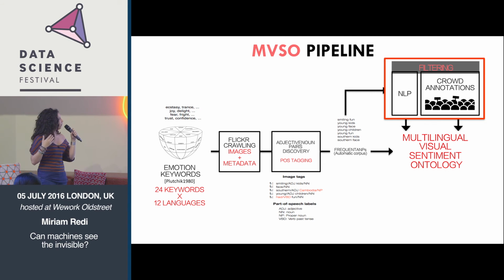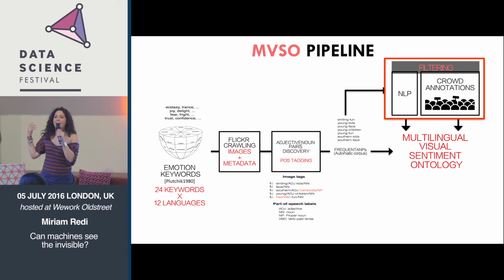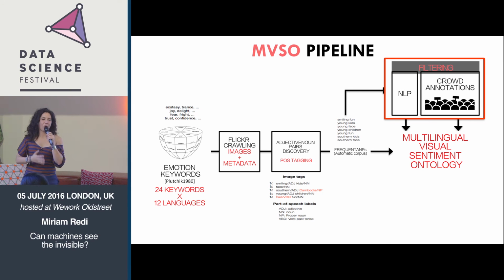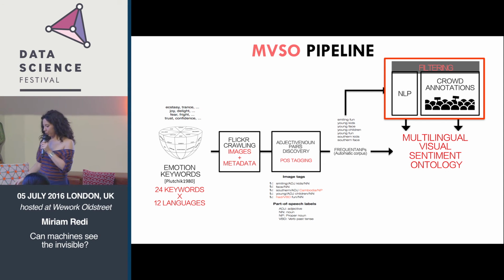Then we query Flickr with this bunch of keywords, we pull all the metadata returned with the images, and we polish this metadata with natural language processing, crowdsourcing, visual analysis, etc. At the end, we have this reliable data set called the multilingual visual sentiment ontology.